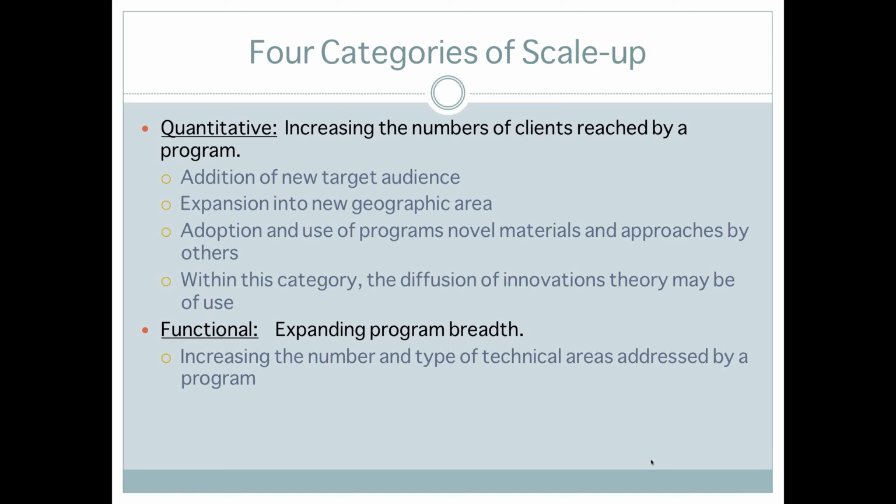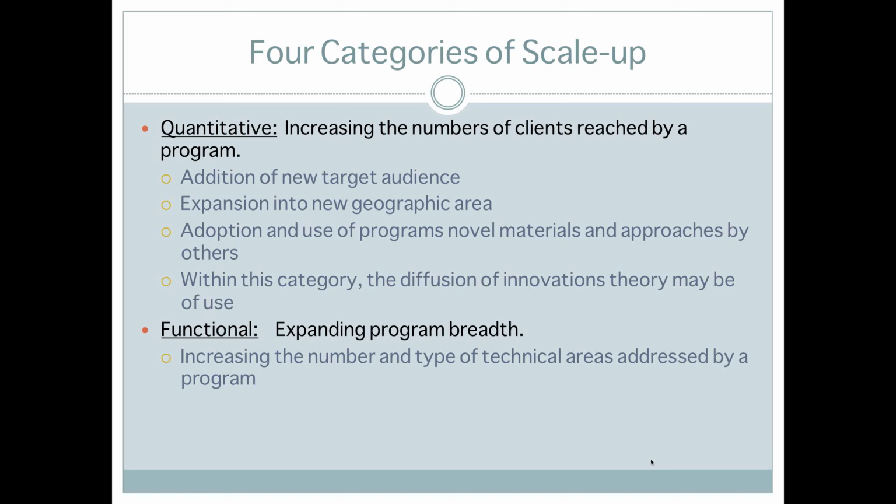Another way of scaling up is expanding the program breadth. So you might want to take your focus and say, how could I make this focus for my program even broader? And that can be by increasing the number and type of areas that are addressed by a program.